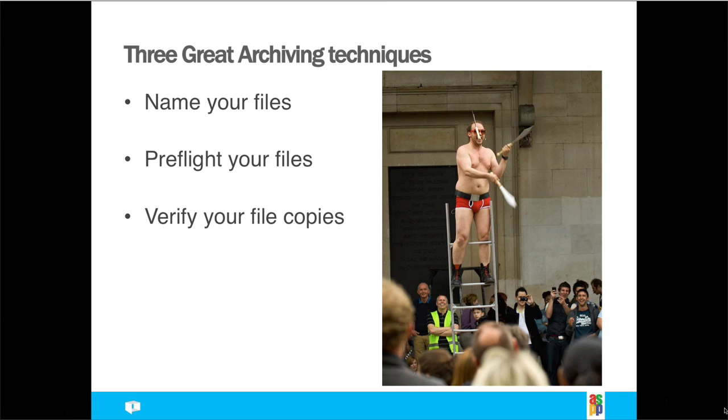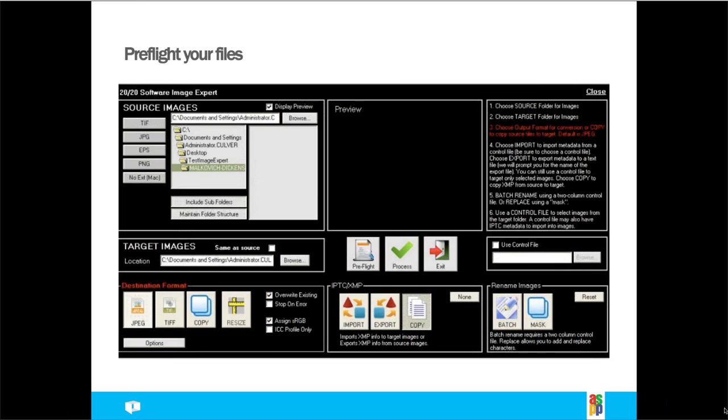So if we flip forward to the next one here, this is a screen showing one option that's out there right now. This is from 2020 software, and this is a beta version, so it may not look exactly like this, but they've got this pre-flight software called Image Export, and you can point it at a folder of images.